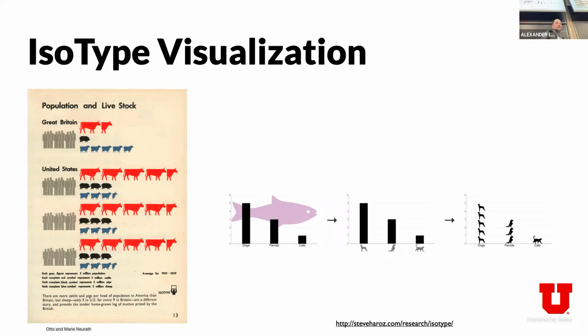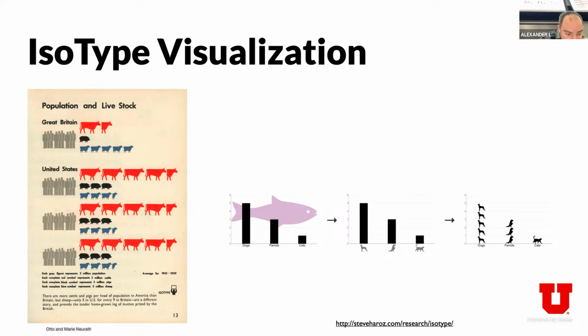And so they came up with these isotype ideas. For example, they would visualize here Great Britain, how many people are in Great Britain, by each person here, each icon represents, let's say 100,000 people or 1 million people, and then how much livestock the producers have. And so we have 1.5 cows that corresponds to some measure.